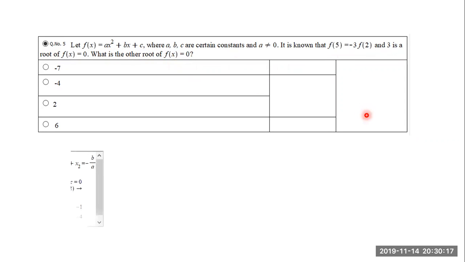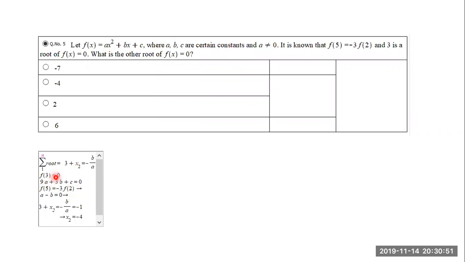For this, you will have to use another equation, the sum of roots, which means the sum of the roots taken one at a time. 3 is one root already given. Therefore, 3 plus another root, which I assume as x2, is equal to minus b by a, minus coefficient of x divided by a. This is called the Vieta relation. This relation is applicable even for cubic equations and fourth order equations. For any number of roots, you can find out the relations.